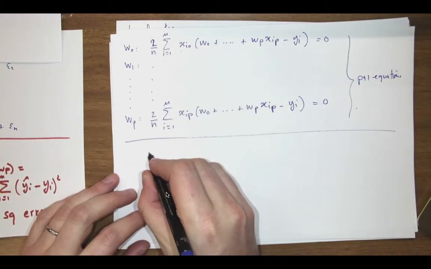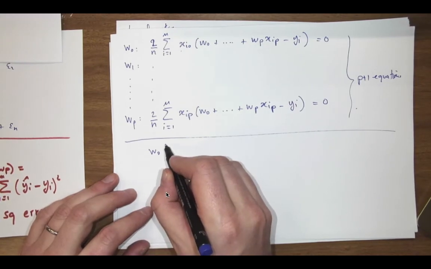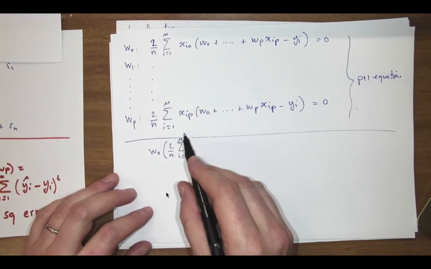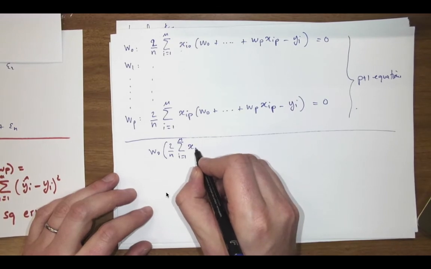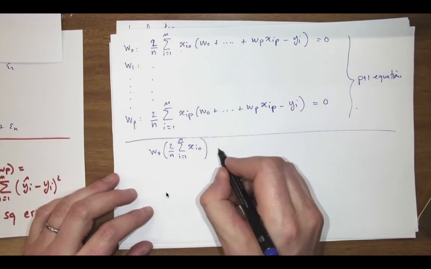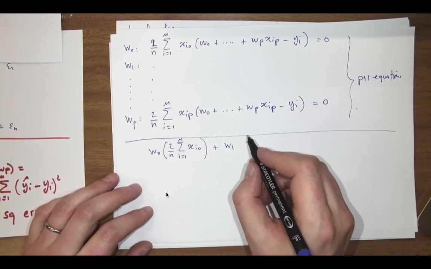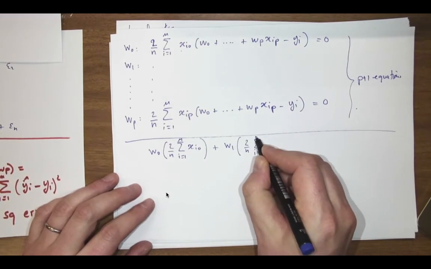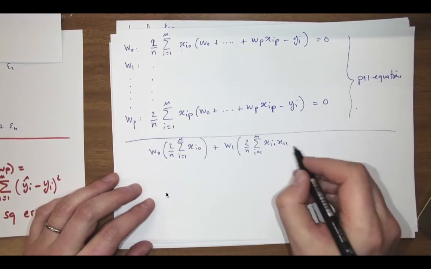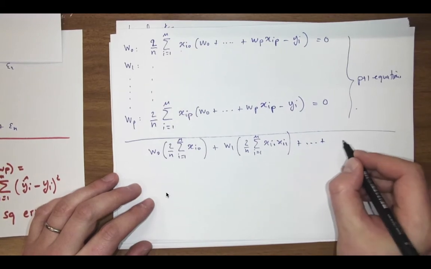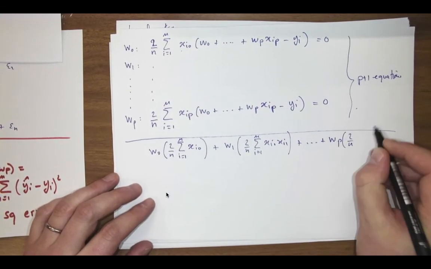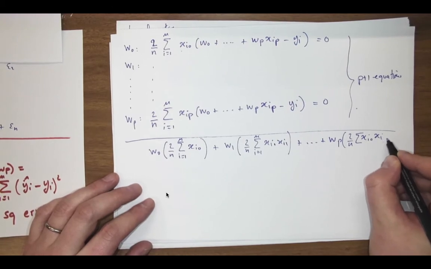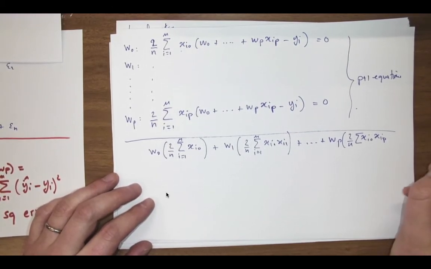So the first line, we have w0 times 2 over n of the sum, i from 1 to n, of xi0, plus w1 times 2 over n of the sum of xi0 xi1, plus ... wp times 2 over n, same sum, of xi0 xip.